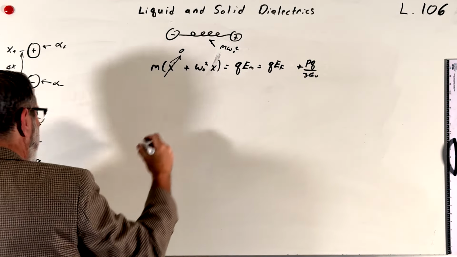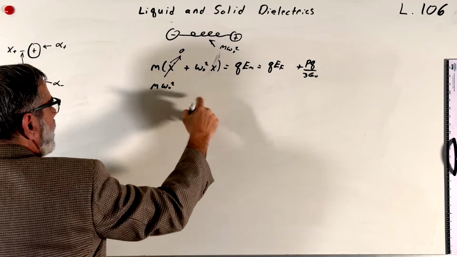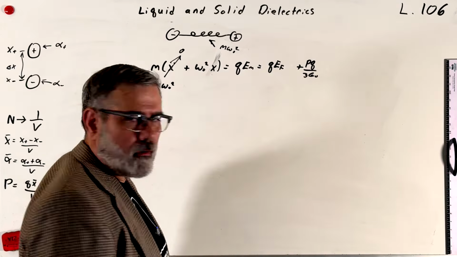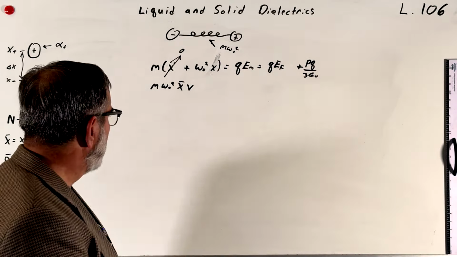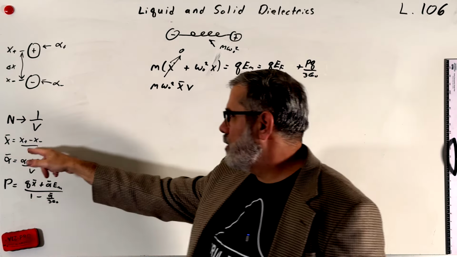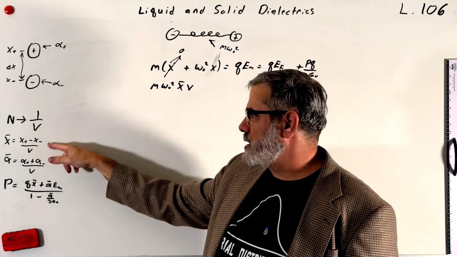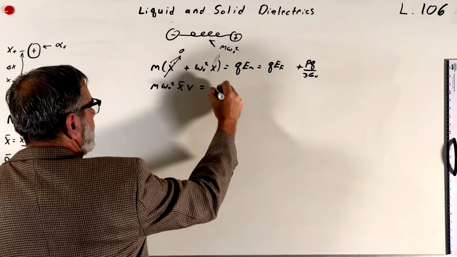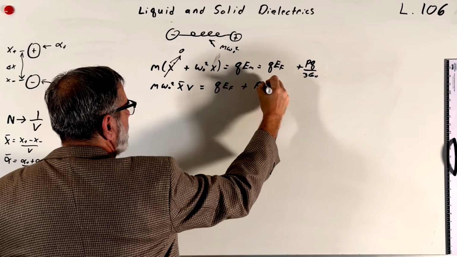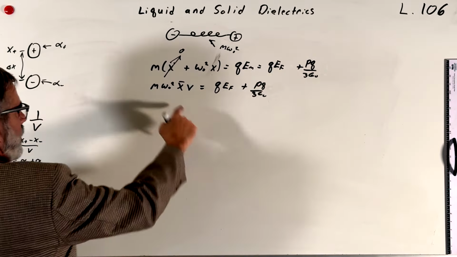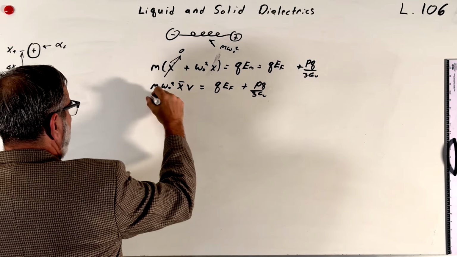And so what do we get? We get that omega naught squared, also, I'm going to rewrite x as x bar times the volume, because remember that x bar was just equal to x divided by the volume, and this will be equal to Q E sub f plus P Q over 3 epsilon naught. And then it's a simple matter to solve for x bar.